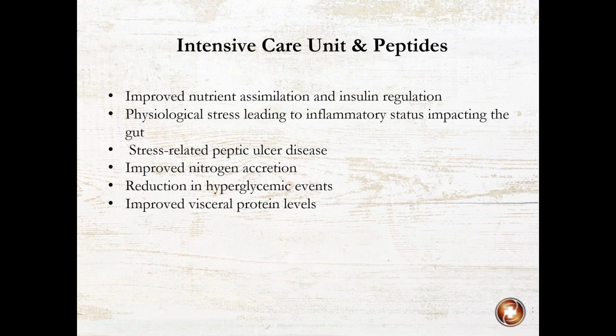So they saw improvement in nutrient assimilation and insulin regulation, which is what John talked about. We also see that they can develop peptic ulcers due to the stress, and they can improve nitrogen accretion, reduction in hyperglycemic events, and overall improvement in visceral protein levels.